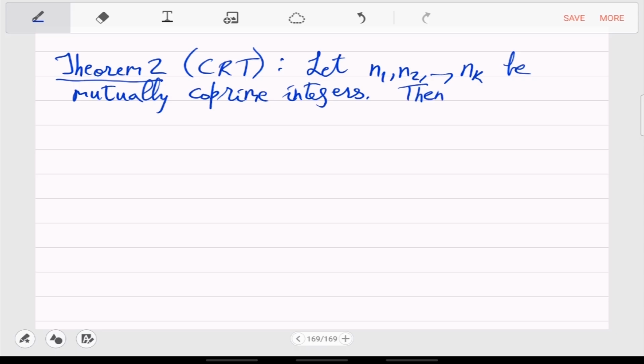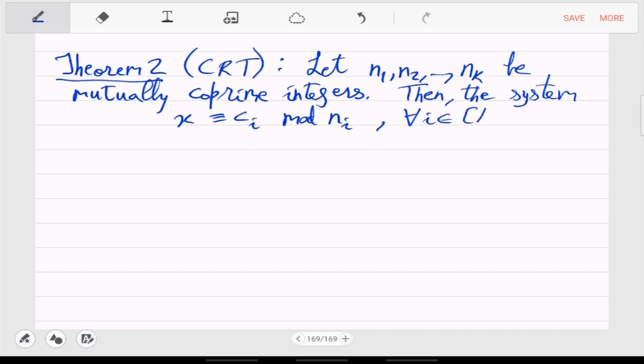Then the system of linear equations x congruent to Ci mod Ni for all i from 1 to k. Okay, so C1 to Ck can be anything. There is no condition on them. The condition is only on the Ni's because we want them co-prime.